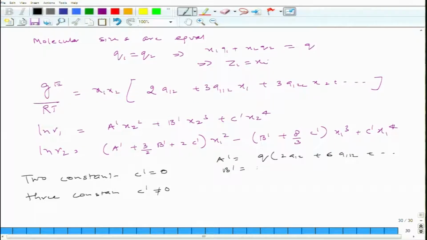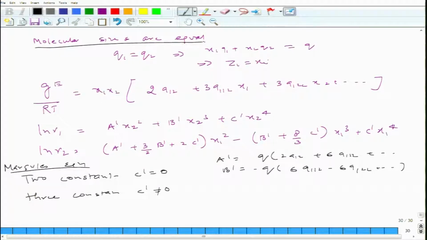Similarly, B dash is q 6A112 minus 6A122 and so forth. Once you derive, you should be able to find all these things. So, this Margules equation for 2 constant and 3 constants has a basis of molecular sizes being equal, and it is derived from the Wohl's equations.